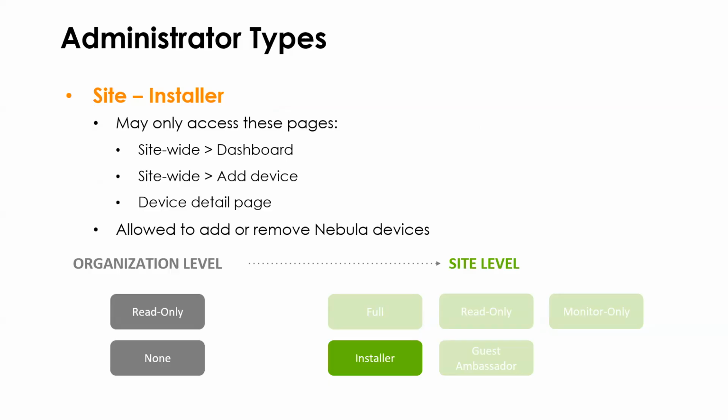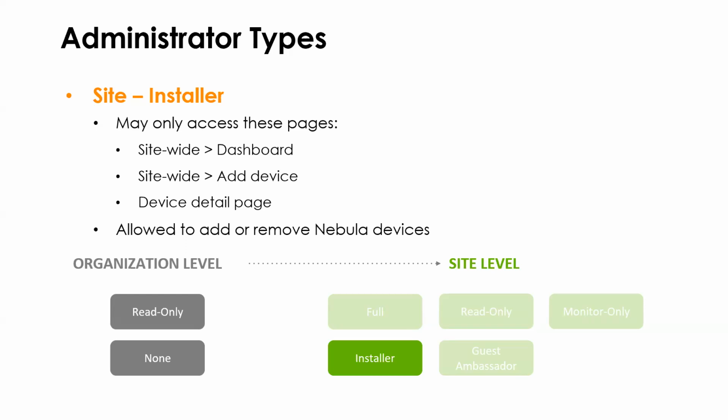We also have a level called installer. So the installer has the ability to access the dashboard, but pretty much only the dashboard in the Nebula interface. But more importantly, it gives them the ability to add devices into that site. So this would be somebody who's going on site, installing the hardware, but doesn't need to do any configuration. And we added this at request because a lot of you out there are using third-party contracted installers to do the on-site installation.